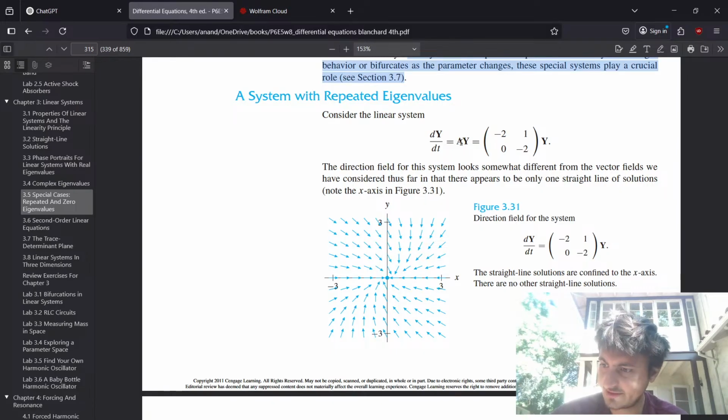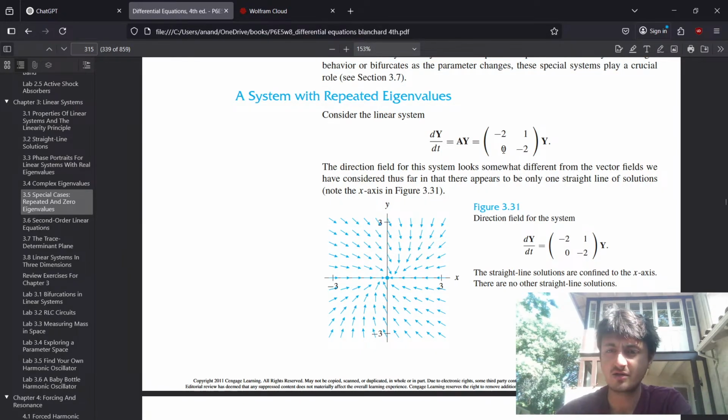If A is equal to [-2, 1; 0, -2], and we form our characteristic polynomial, (-2 - lambda) times (-2 - lambda) equals 0. When you see this upper triangular matrix, the determinant is the product of the diagonal if it's upper or lower triangular, I'm pretty sure.